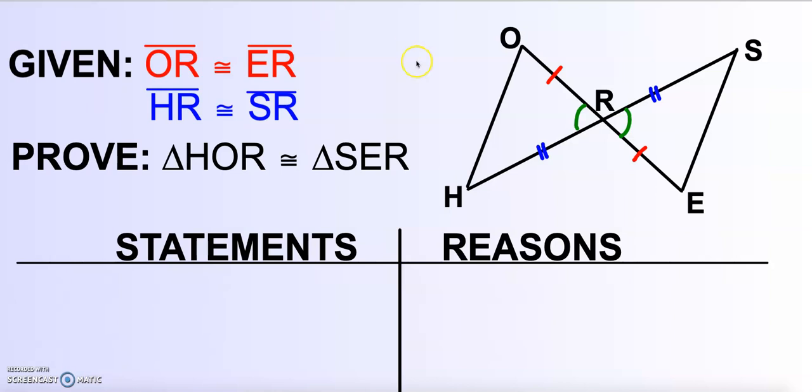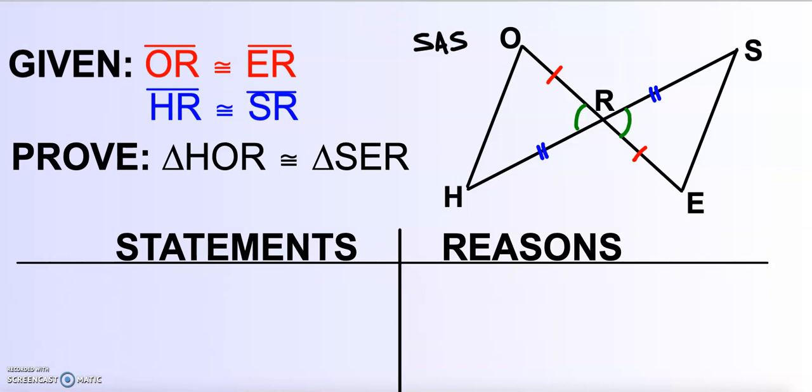So I think right now we have everything we need to prove these 2 triangles are congruent. We have 2 sides and we have an angle. And if you look at that placement of the angle, it's between those 2 sides. So this looks like we're going to be using an SAS strategy.